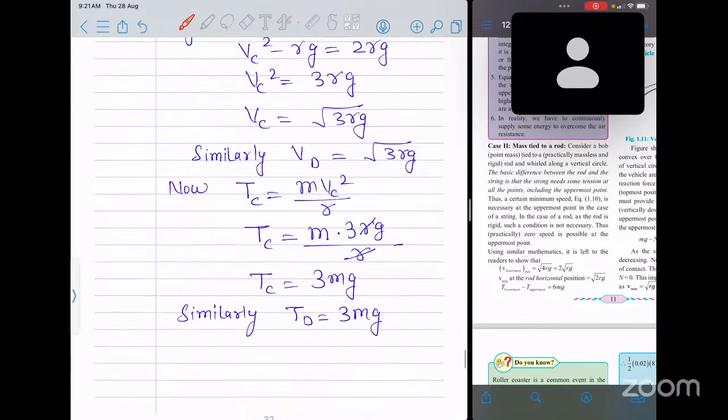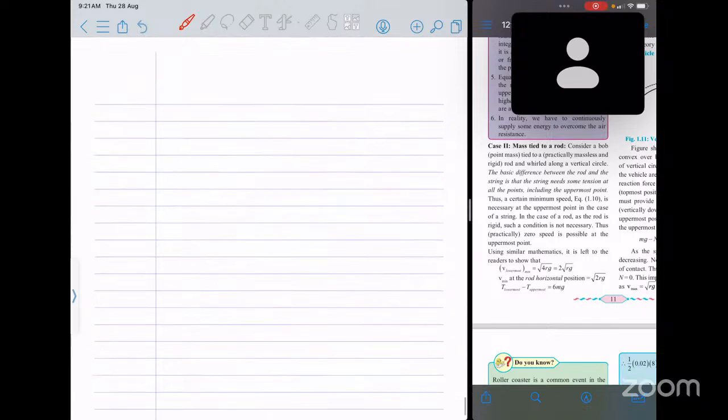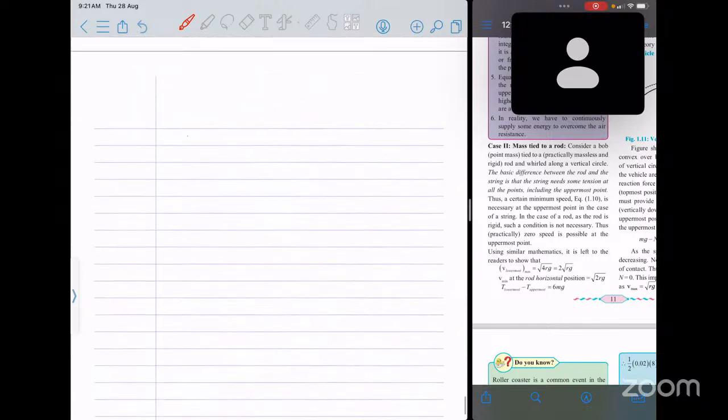So I will write it as tension at uppermost point plus m into g is responsible for mv square by r. Remember, in this case, speed v is not the minimum possible speed. If it were minimum possible speed, tension would come 0. And if it is not minimum possible, it is some different value. When you substitute that value into the formula, you will get the value of tension.